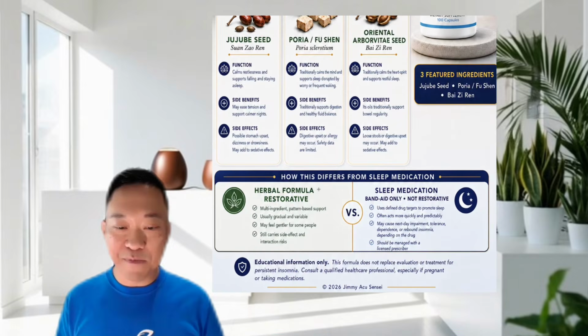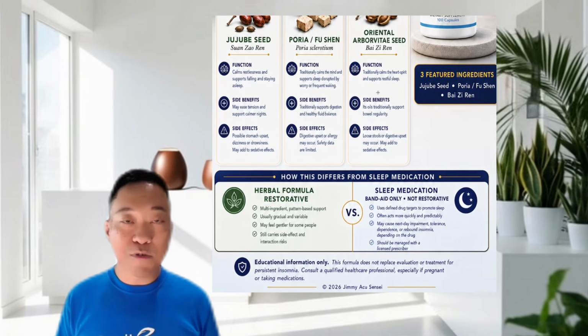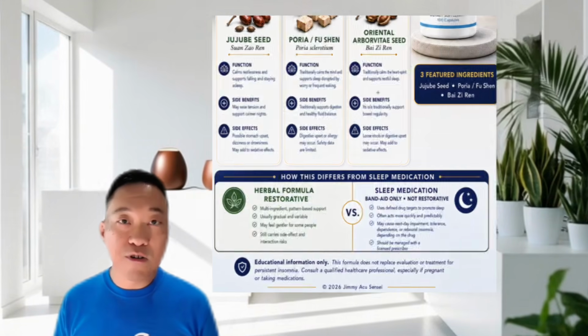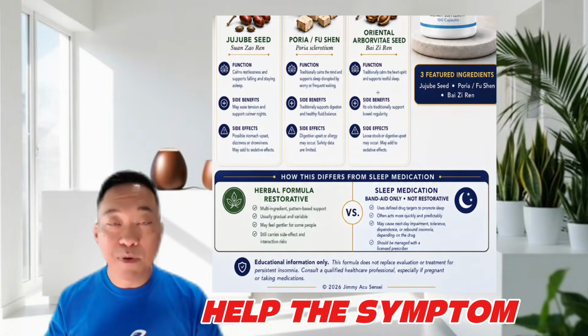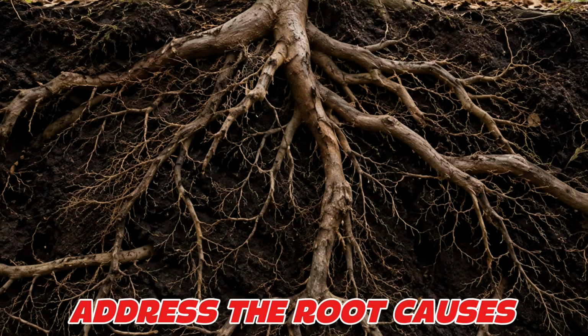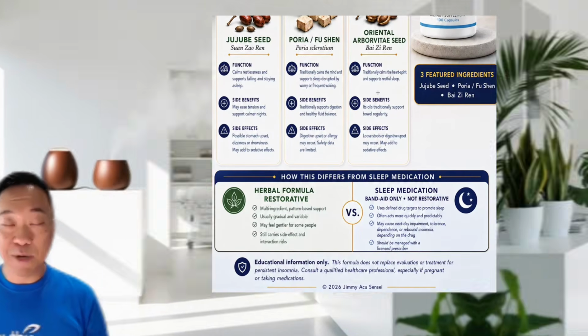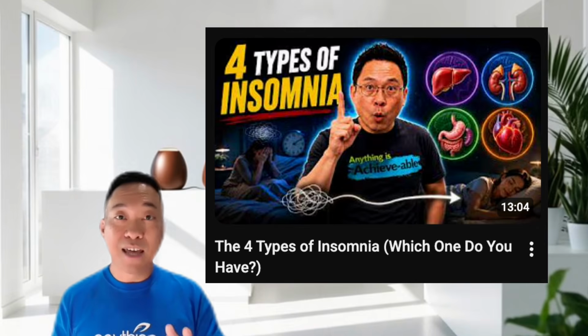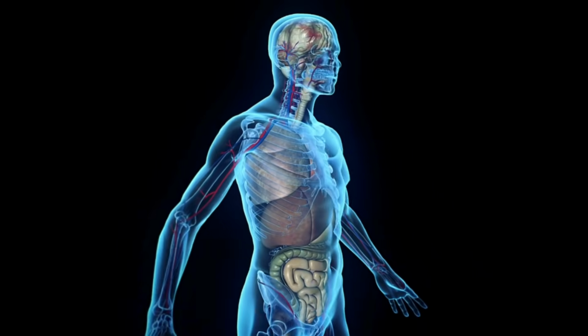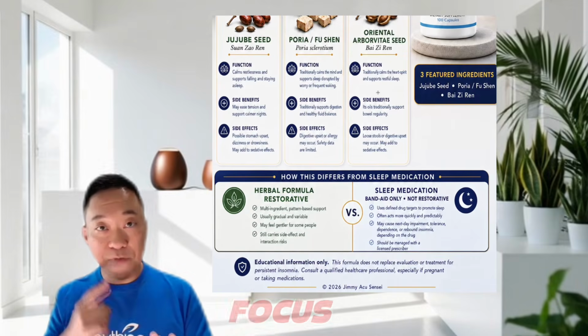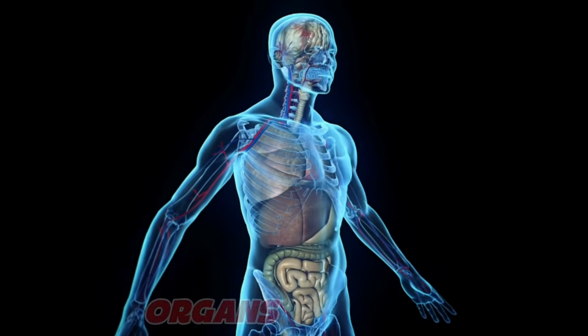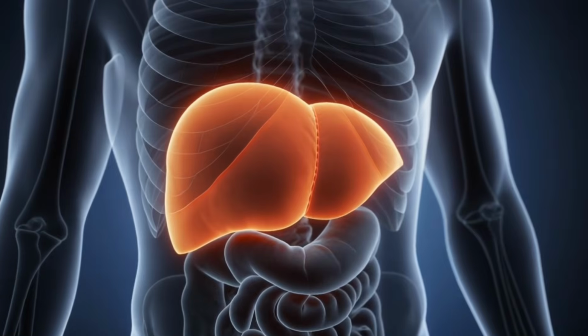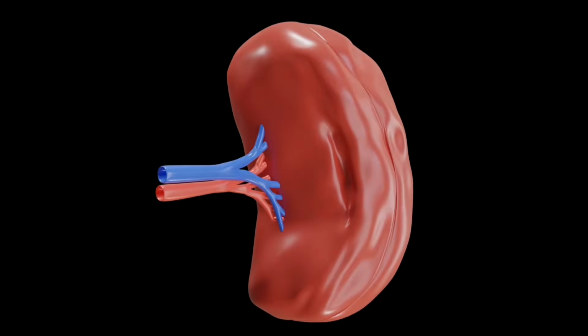So how does this differ from sleep medication? Well, my herbal formulas are restorative. They're not a Band-Aid. They help the symptom, but more importantly, they address the root causes. Go back to my video about the four types of insomnia, and it will tell you which organs are the root causes. My formulas focus on those organs: your liver, your adrenal glands, your kidneys, your spleen, and your heart.